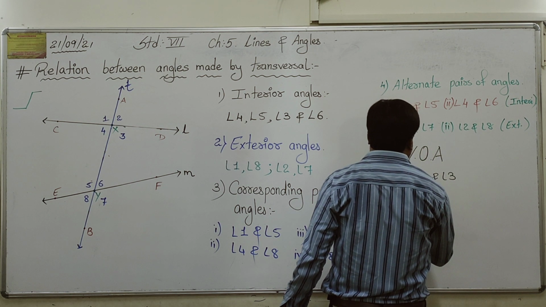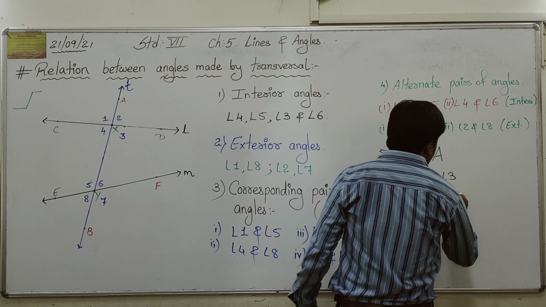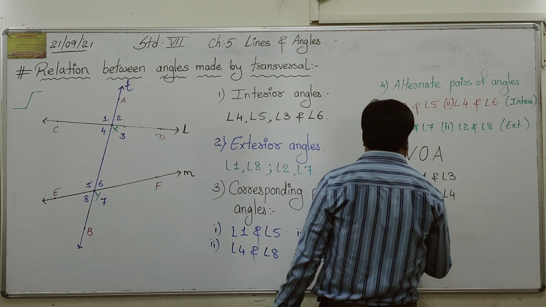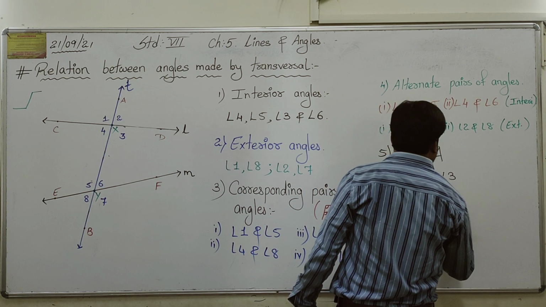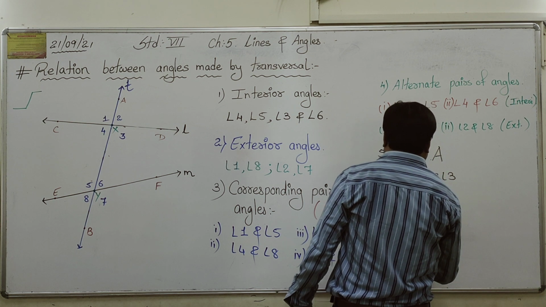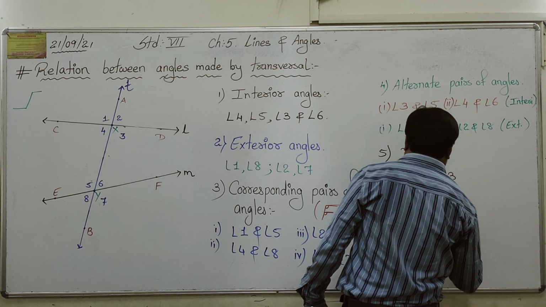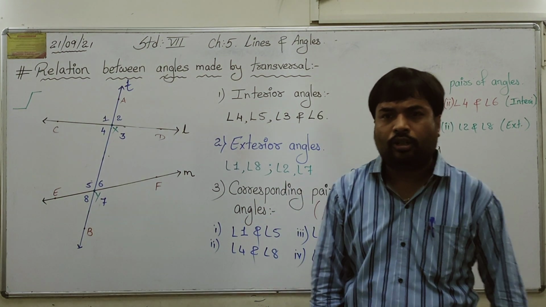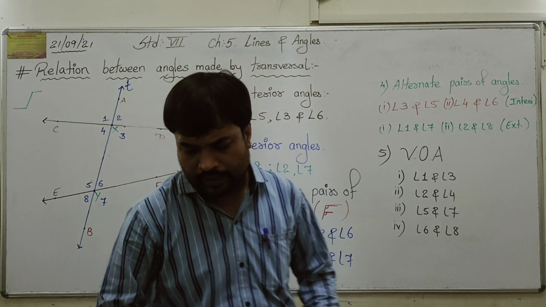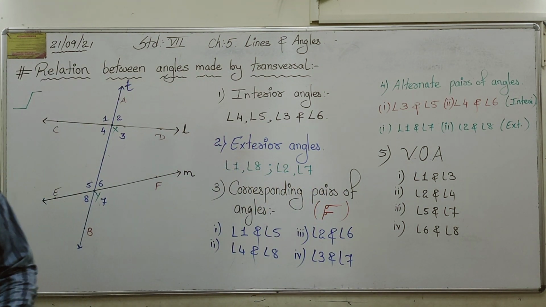Second one, angle 2 and angle 4. Third one, angle 5 and angle 7. Fourth one, angle 6 and angle 8. They are vertically opposite angles. Do you understand what I want to say? Right?